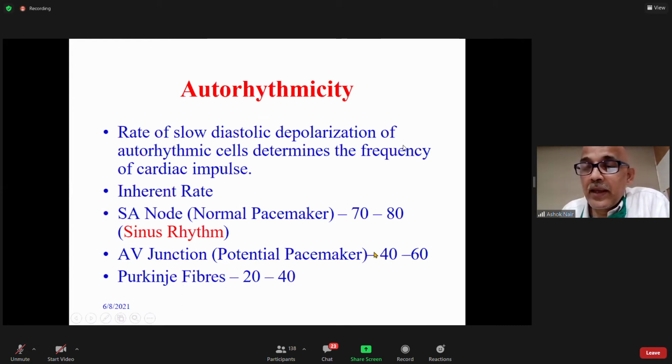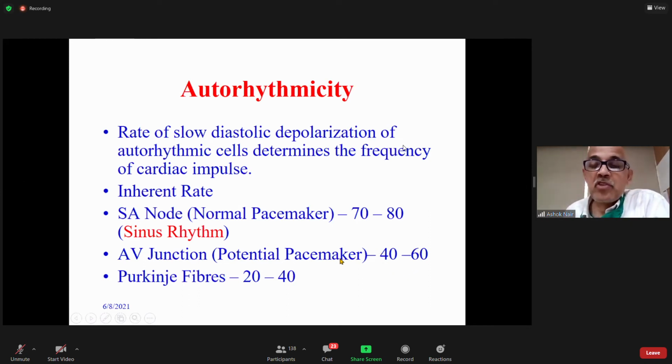Now, if the AV node has to start generating impulses, till now the AV node has been driven by impulses conducting at a much faster rate. So it takes a few seconds to start generating the impulse. It has to overcome an overdrive suppression.